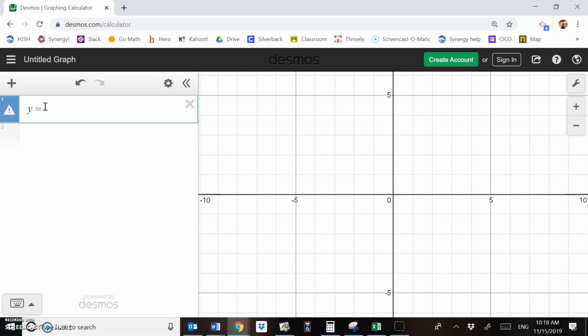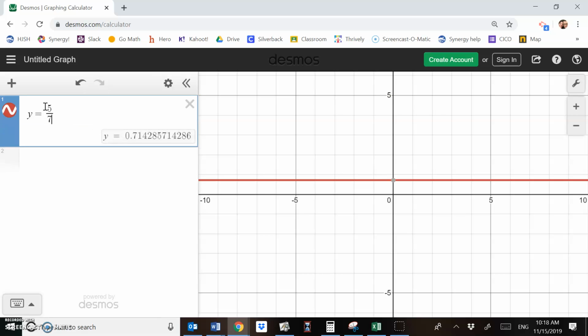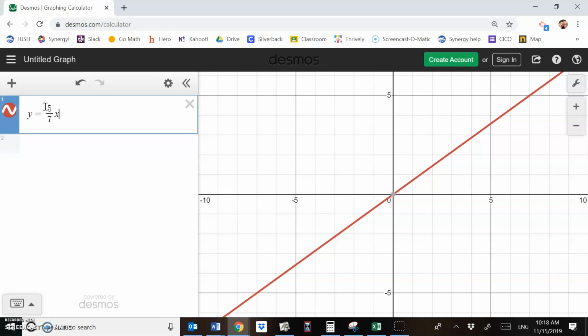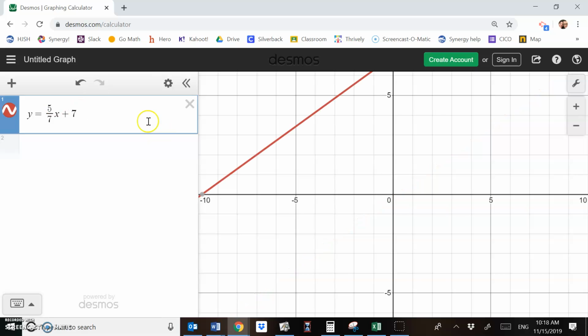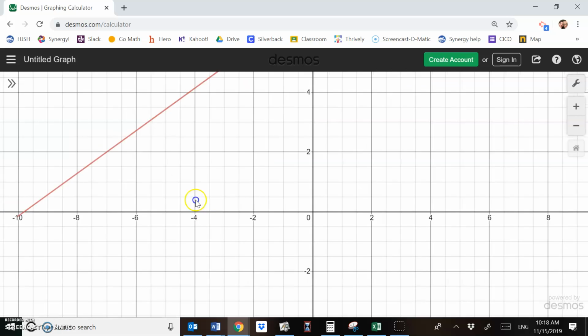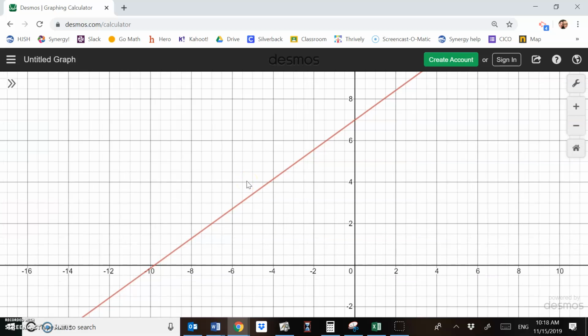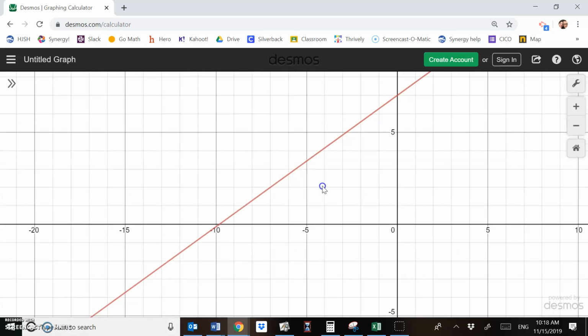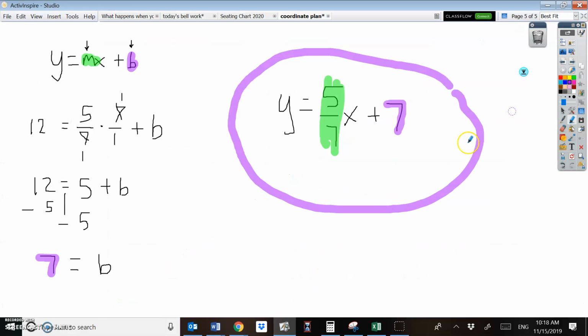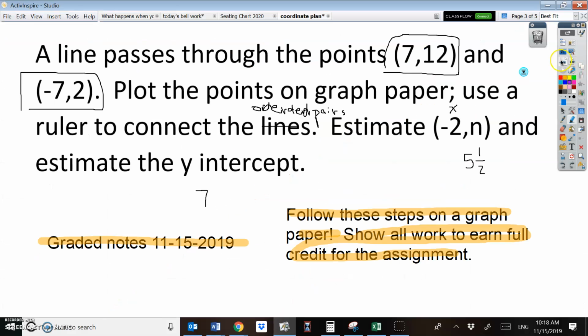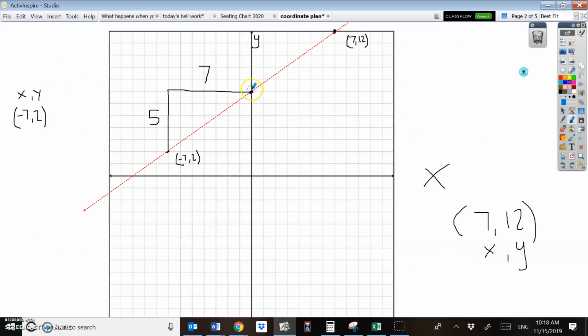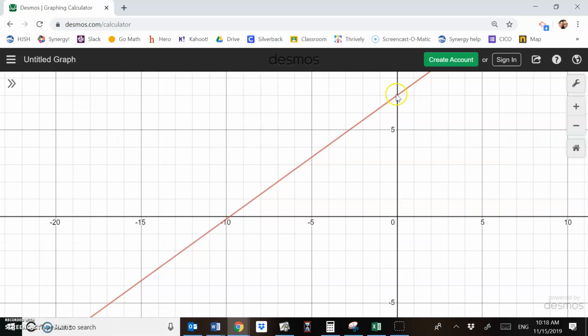Y equals 5 over 7x plus 7. Is this picture the same picture that we have graphed on this screen here? The y-intercept is at 7. This y-intercept is at 7.